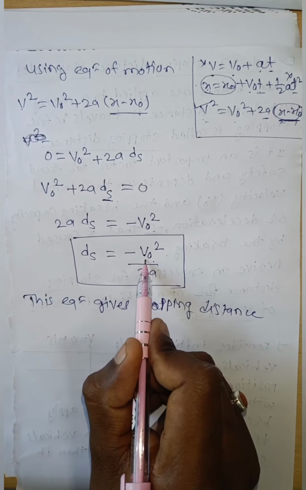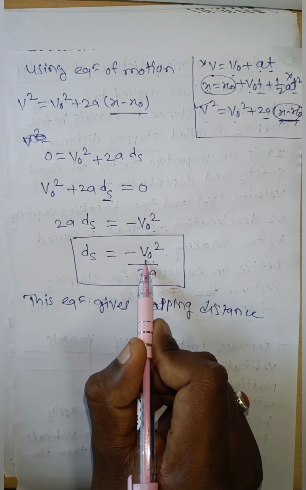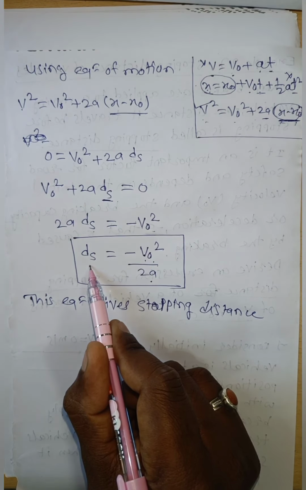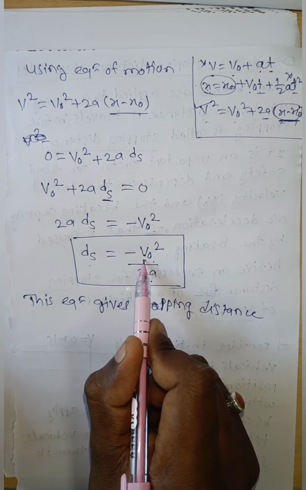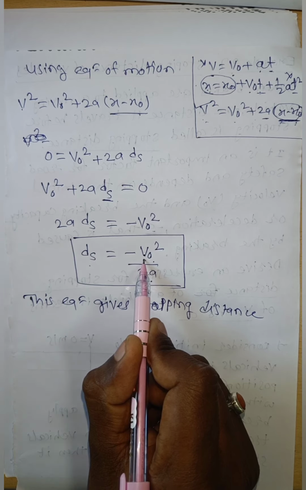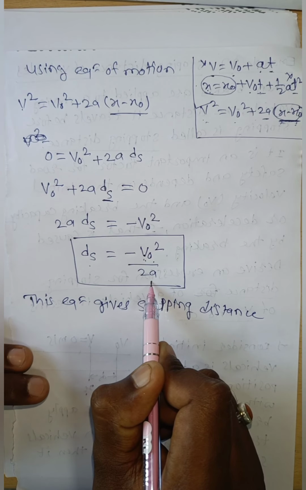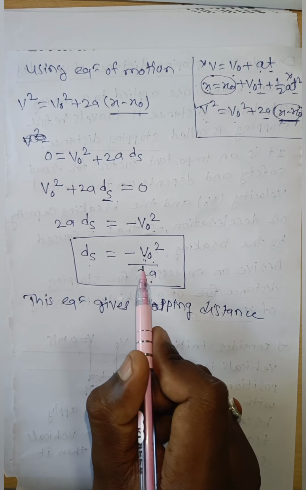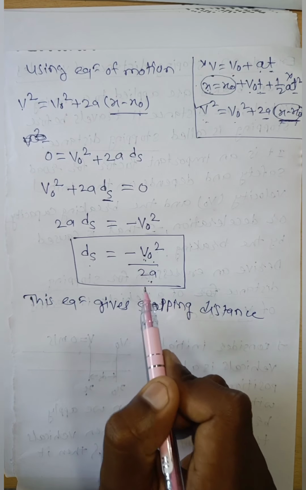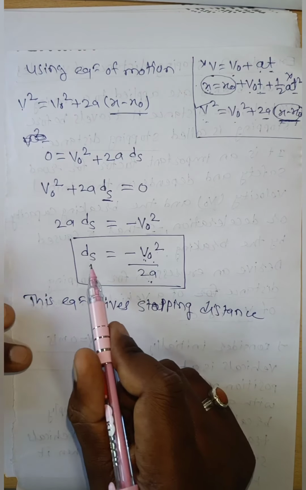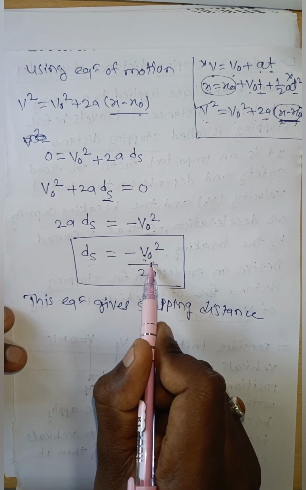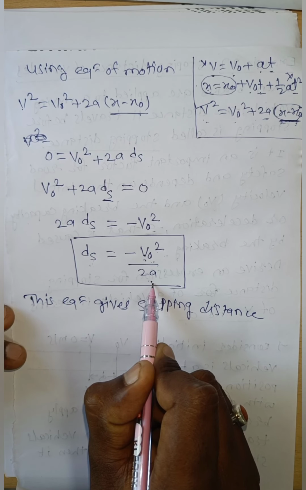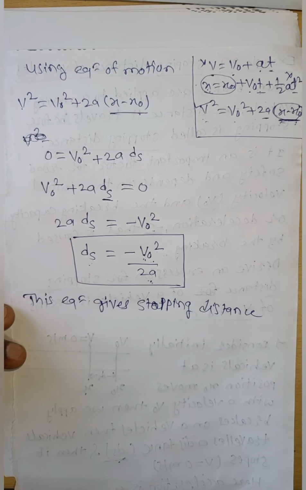If the velocity increases 2 times, the stopping distance increases 4 times. If the initial velocity increases 3 times, for the same acceleration the stopping distance increases 9 times. So the stopping distance is directly proportional to the initial velocity square and inversely proportional to the acceleration. This is all about the stopping distance.